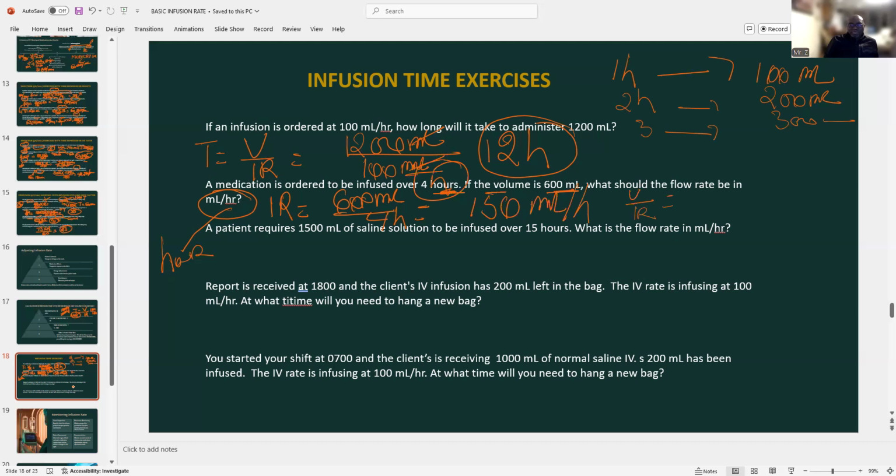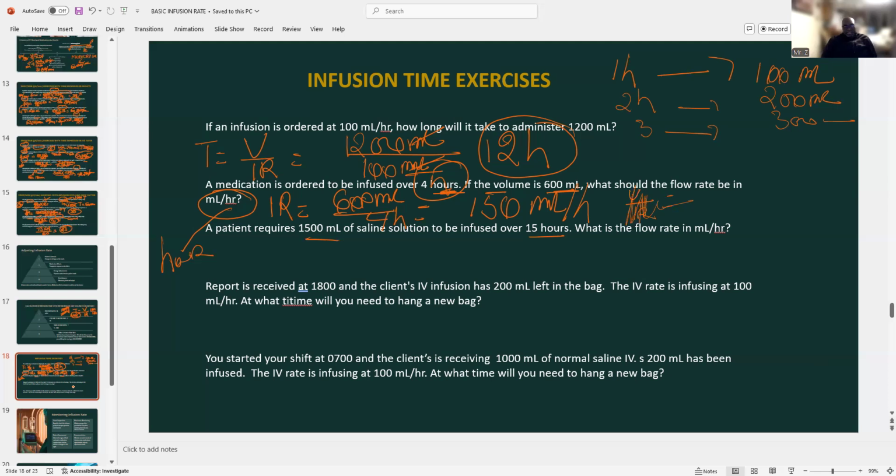That's when you're going to do 600 divided by 150, and it will give you 4. All right? Let's do the next one. We are looking for milliliter per hour. Same concept. Volume divided by time. So you're going to do 1500 divided by 15. It will give you 100 milliliter per hour.